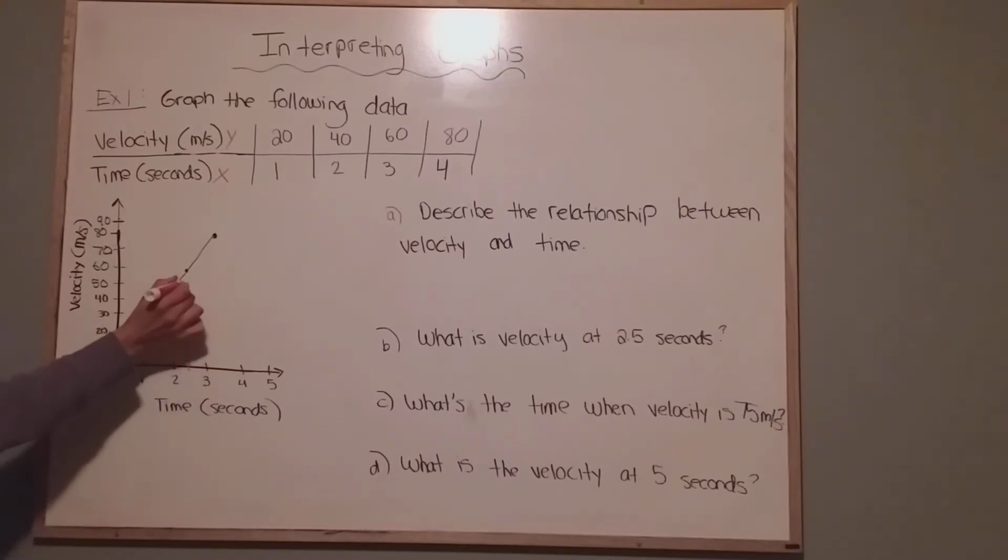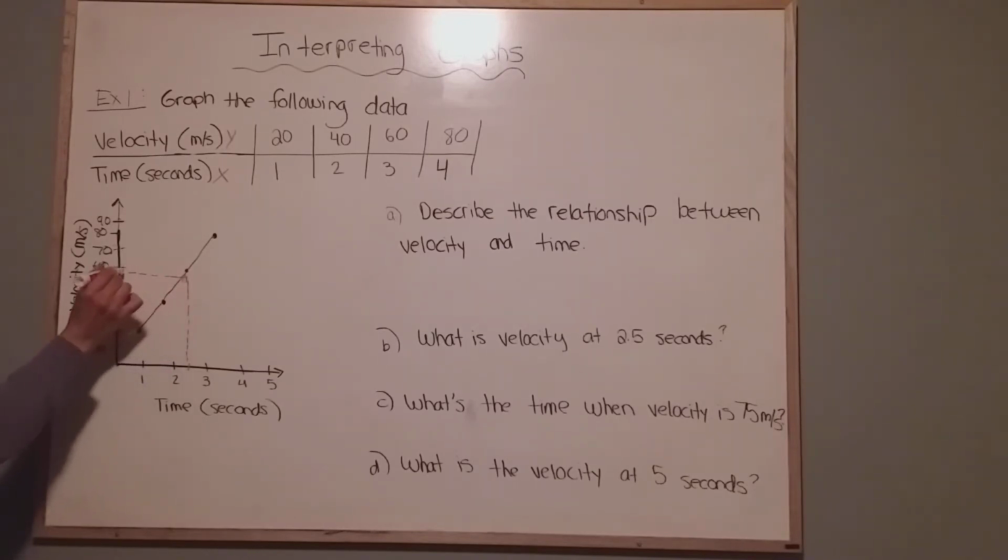And from where I hit my line, now obviously my dots are not perfect, I go this way, right? So my line is at about 58. So what is the velocity at 2.5 seconds? I would say about 58 meters per second.